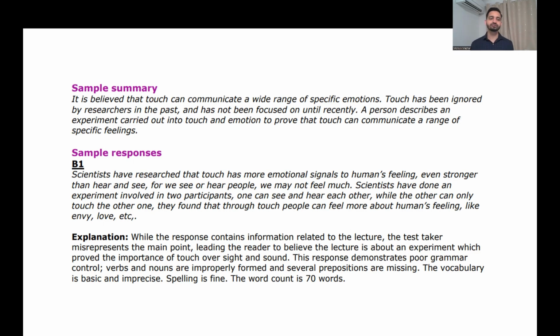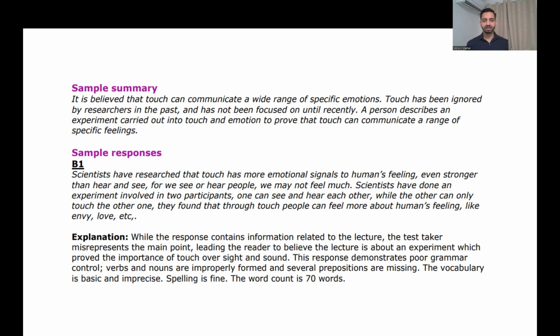Let's look at B1 response. Scientists have researched that touch has more emotional signals to humans' feelings, even stronger than hear and see. For we see or hear people and we may not feel much. Scientists have done an experiment involving two.